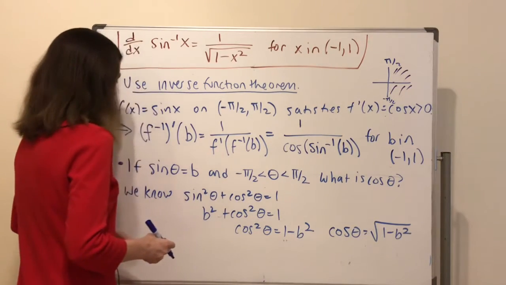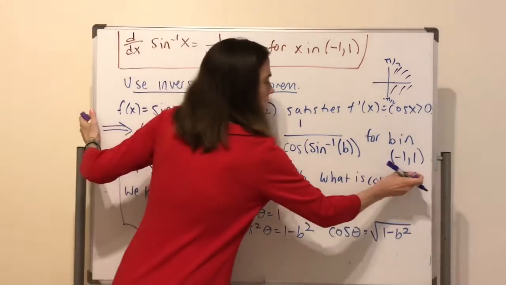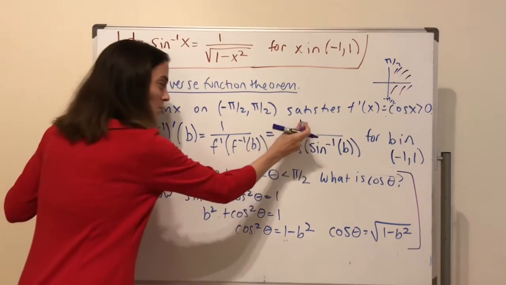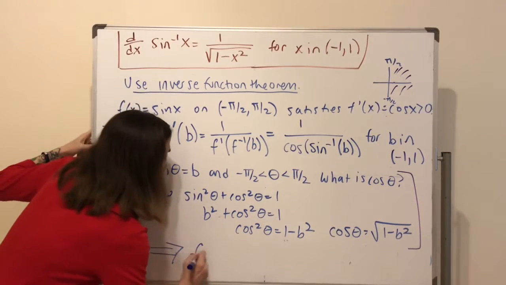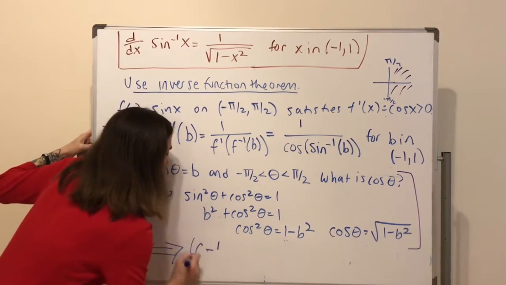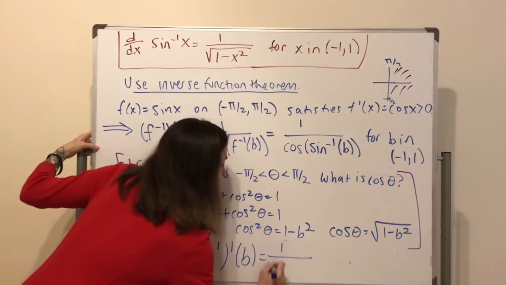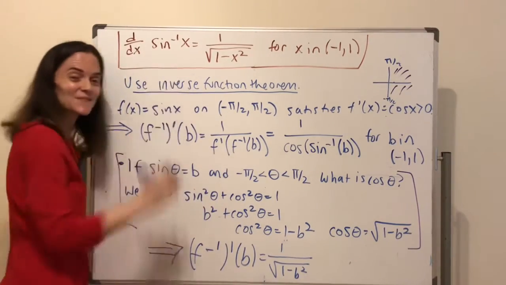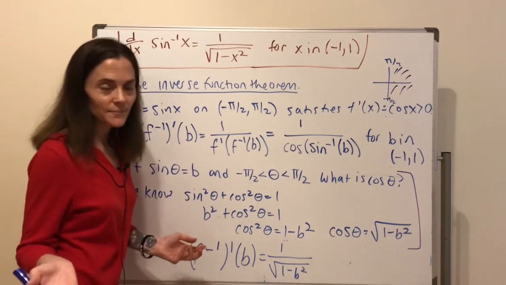So all together, this was kind of my side work commenting, but we see this 1 over cosine, f inverse prime of b is 1 over square root 1 minus b squared, which is exactly this formula here. This was the inverse function theorem.